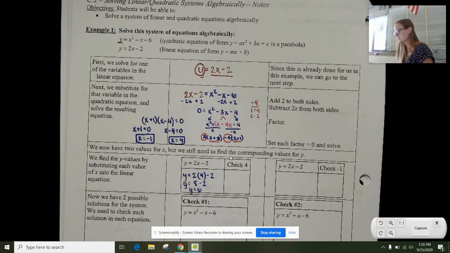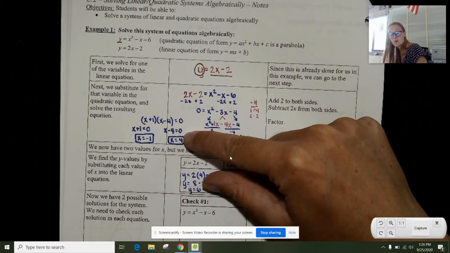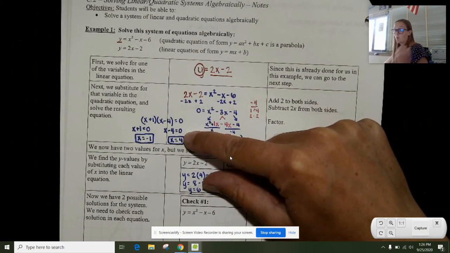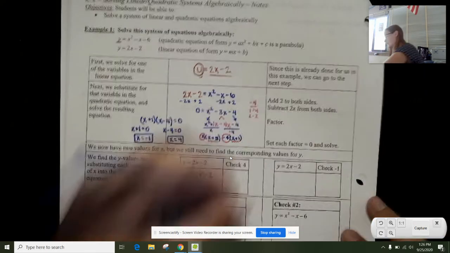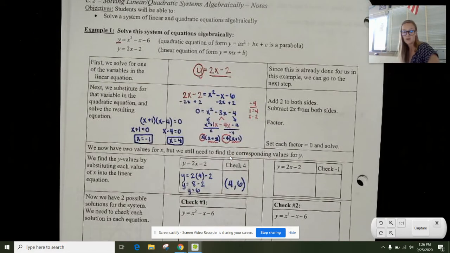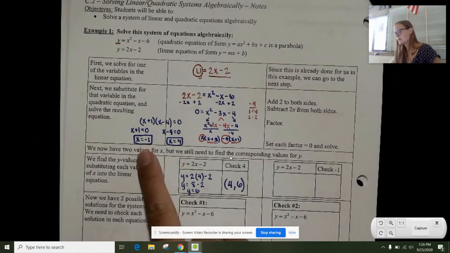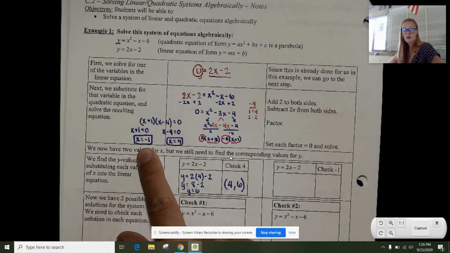So now, since I plugged in 4 and I got 6, the corresponding coordinate that is a solution is 4 comma 6. There it is. Now for the value of -1, I also need to find the y value.